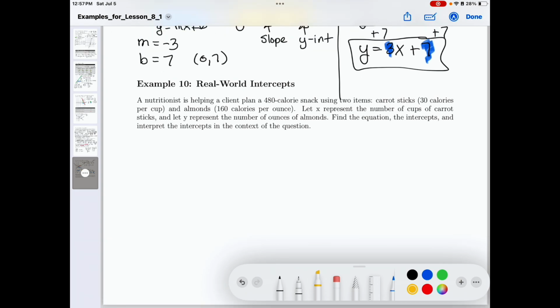It tells us directly in the problem that X is the number of cups of carrots. So X is equal to the number of cups of carrots. And then we have Y that says it's the number of ounces of almonds.